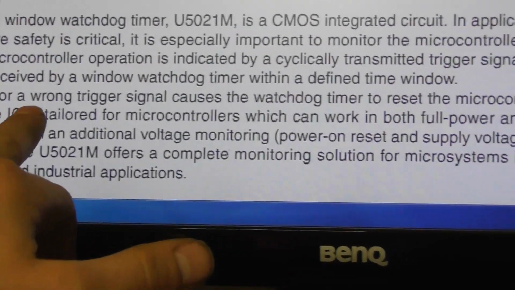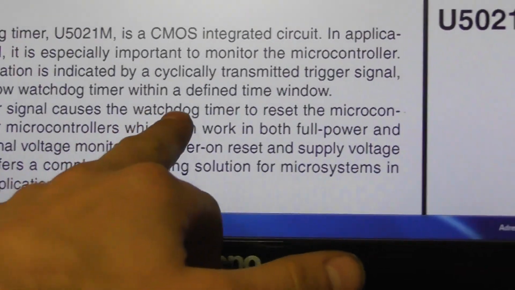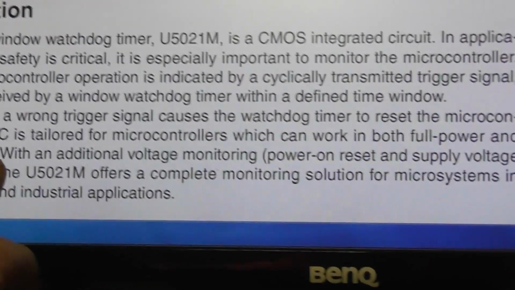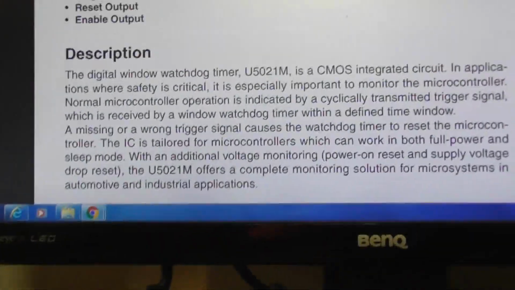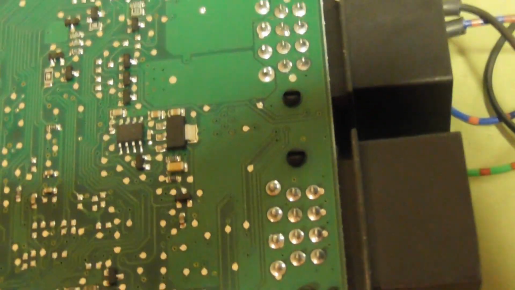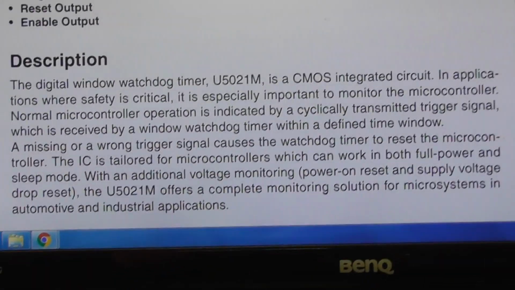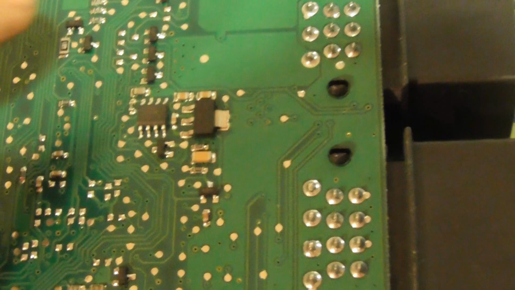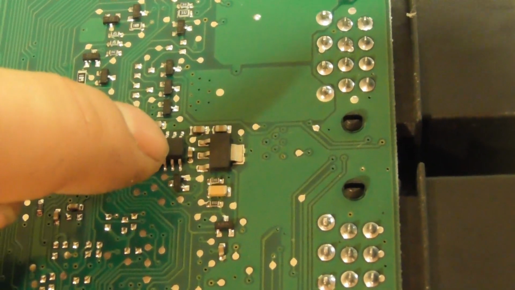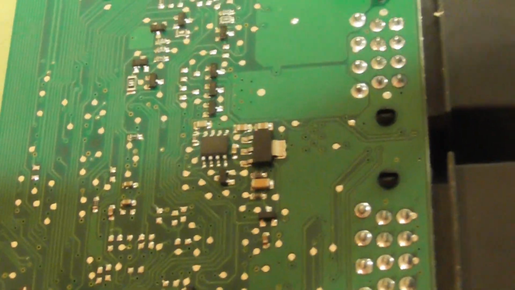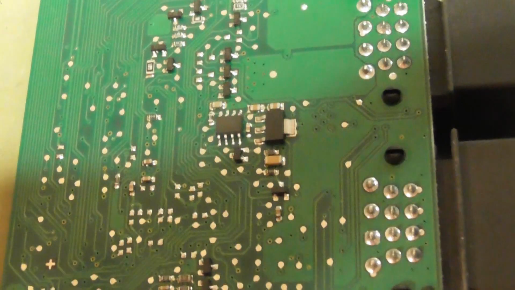A missing or a wrong trigger signal causes the watchdog timer to reset the microcontroller. I think this is what happens here. This trigger signal maybe is missing, and this watchdog chip constantly resets the Motorola.